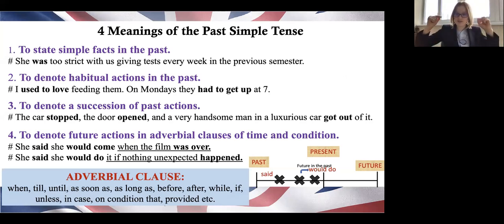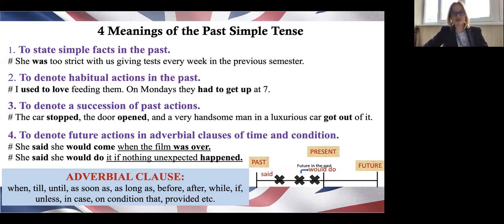Let's return to the first example above. We have to state a simple fact in the past. Again, a coincidence. Lucky we are. We know already the most part of these meanings in the present indefinite and the past indefinite tense. Because when we state a simple fact in the past, we speak about the fact, but in the past context, that's it.